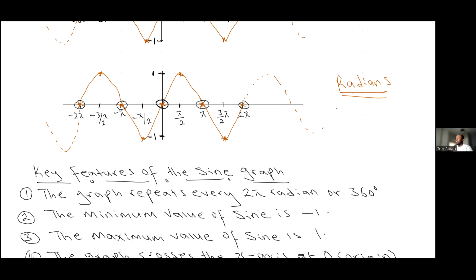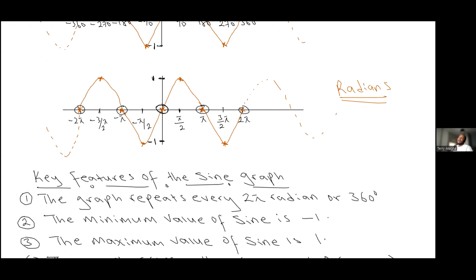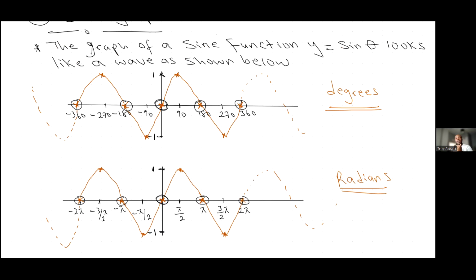So for this particular graph, the maximum value is always at 90 degrees, and from 90 degrees, you keep on adding 360 to that. Or it's at pi over 2, and you keep on adding 2 pi radian to that. So that's what I'm trying to say here.